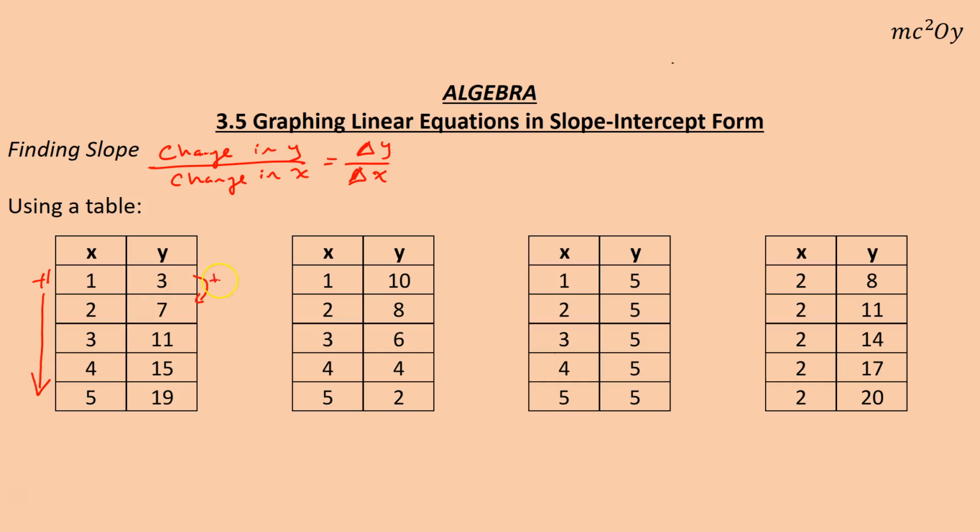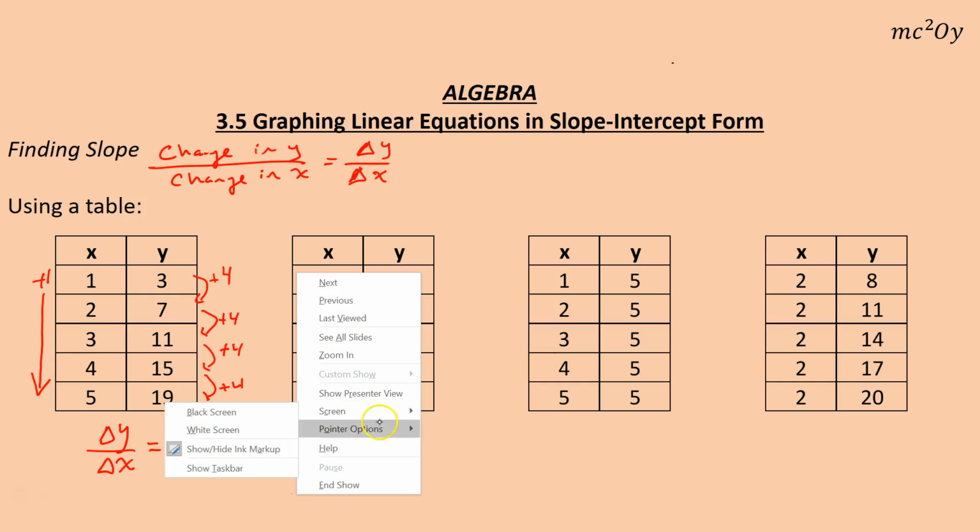For my y, it looks like I'm going up, excuse me, not 3, but 4 and 4 and 4. So it looks like I go up 4 each time. So let's call this change in y and change in x. My change in y is 4. My change in x is 1. My slope then is 4.